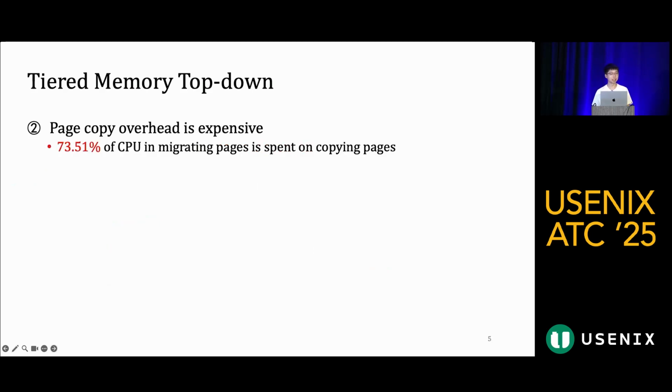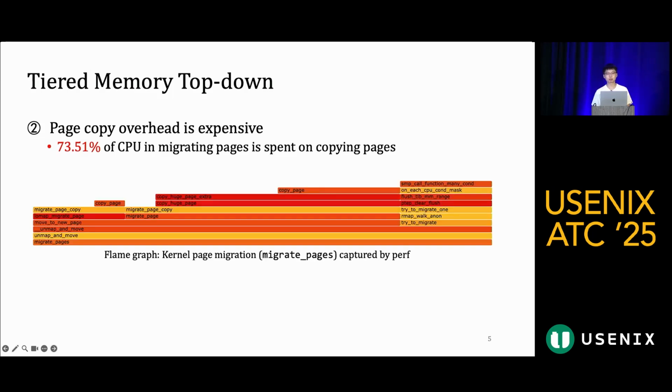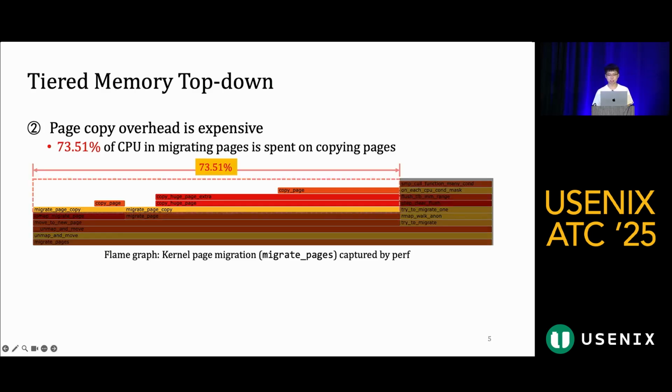Second, page copy overhead is expensive. We profiled the kernel migration process using perf on MEMTIS, and found that 73% of CPU time in migrating pages is spent on copying pages.